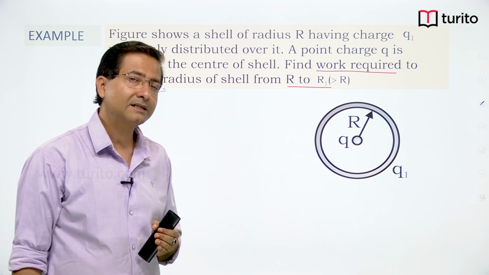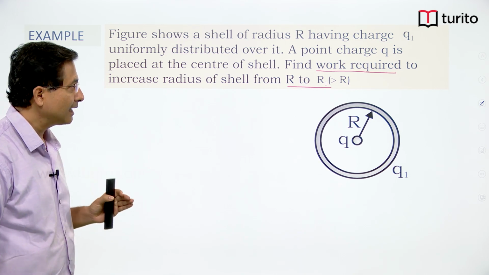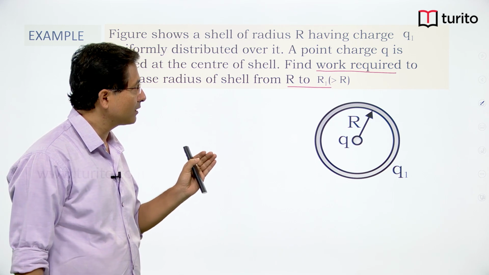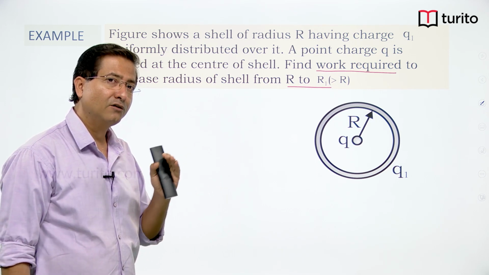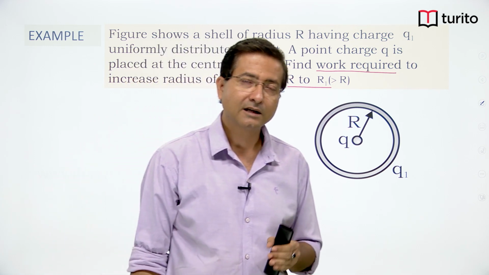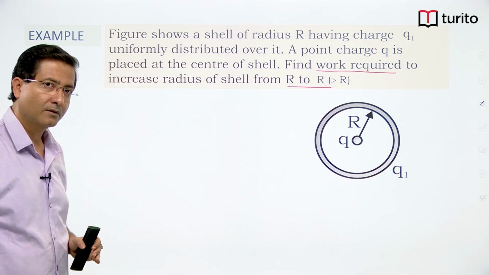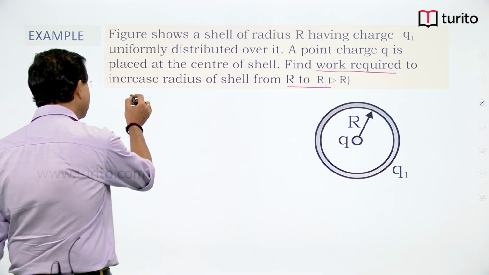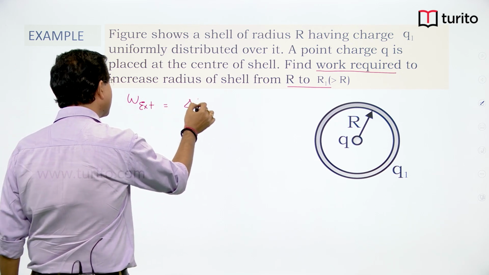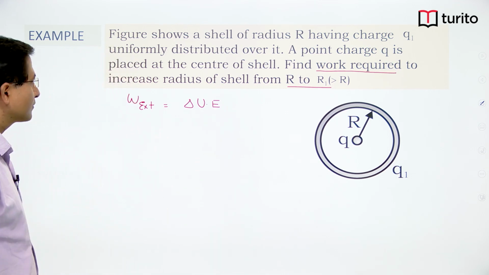From the potential energy expression we know that the work done by an external agent, if the constituents of the system are not gaining any kinetic energy, is equal to the change in potential energy of the system. So, work done by the external agent is equal to the change in potential energy if the process is done slowly, right.